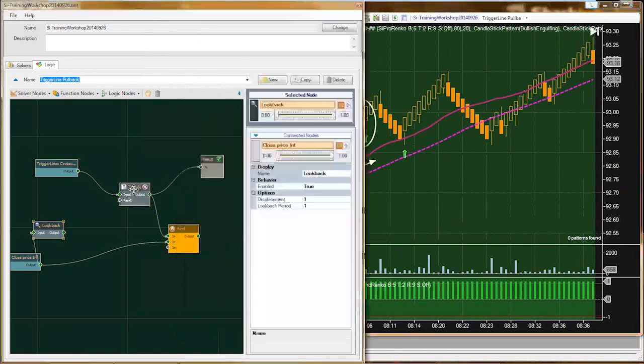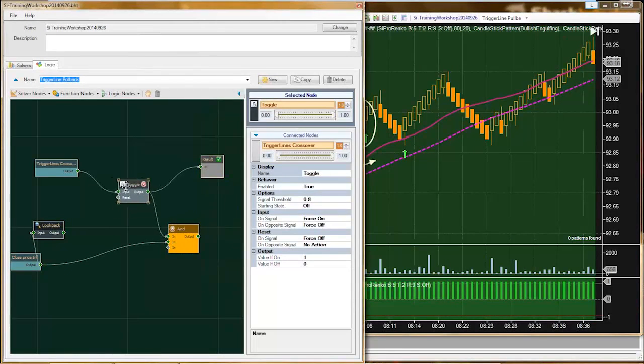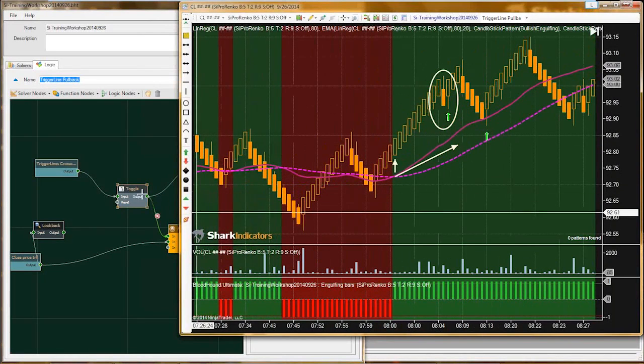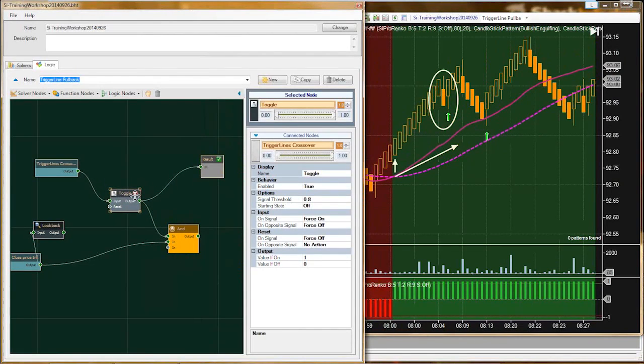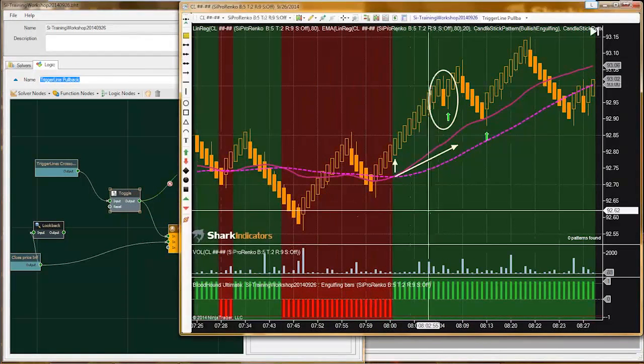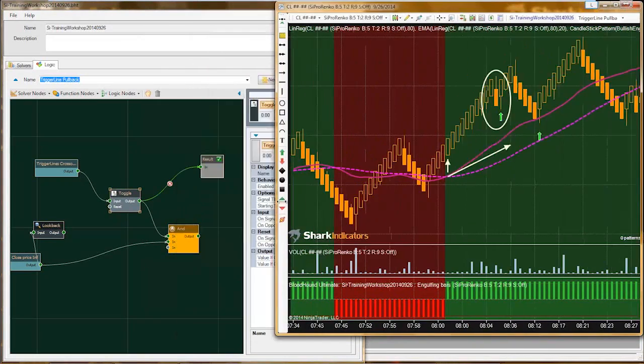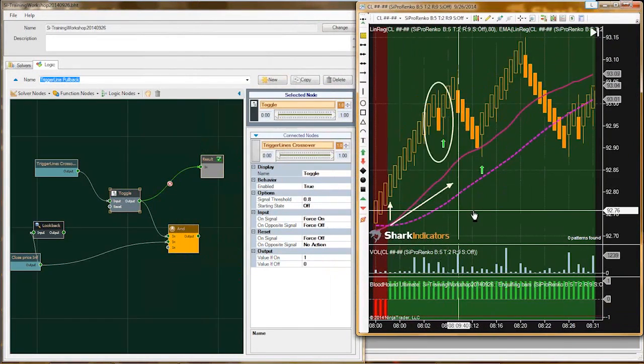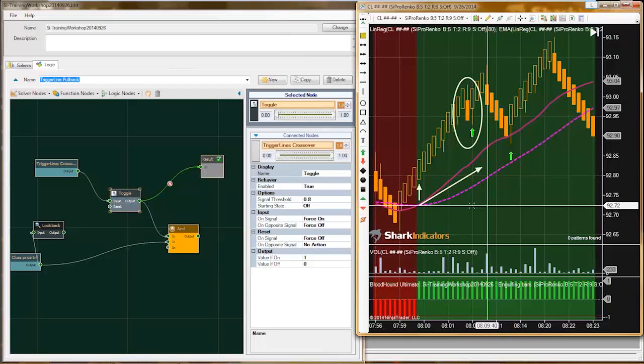Just keep in mind that my original premise was to show you how the toggle node works and how you can turn the toggle node on and off. But in this exact situation, I'm not going to use the toggle node.